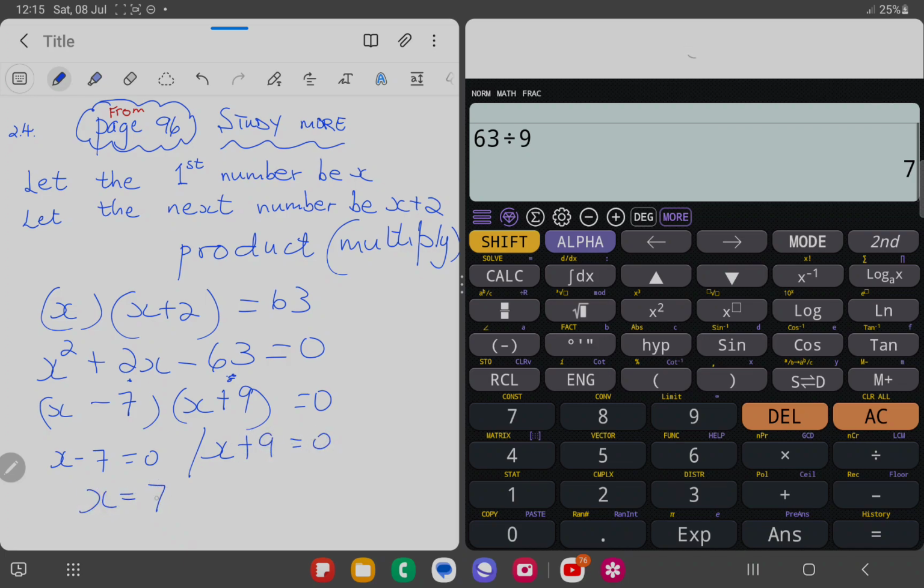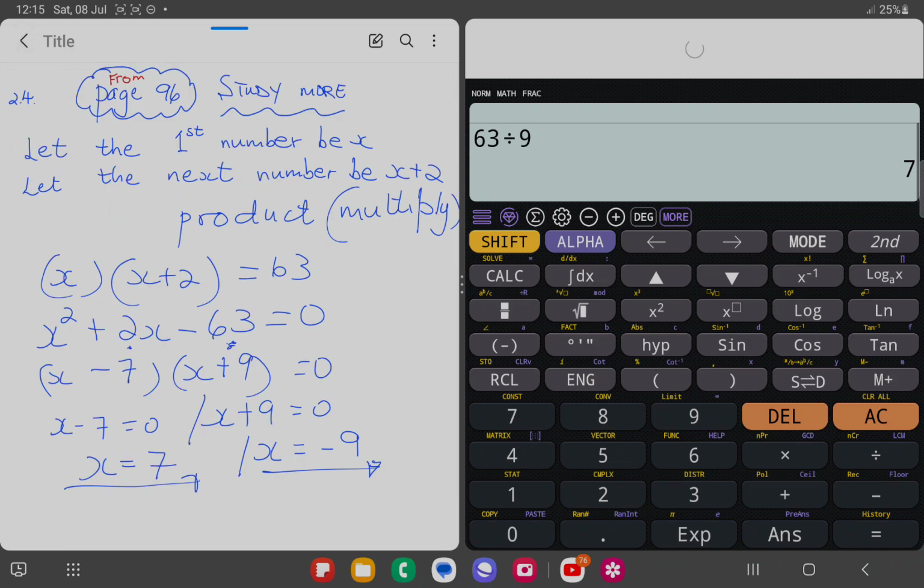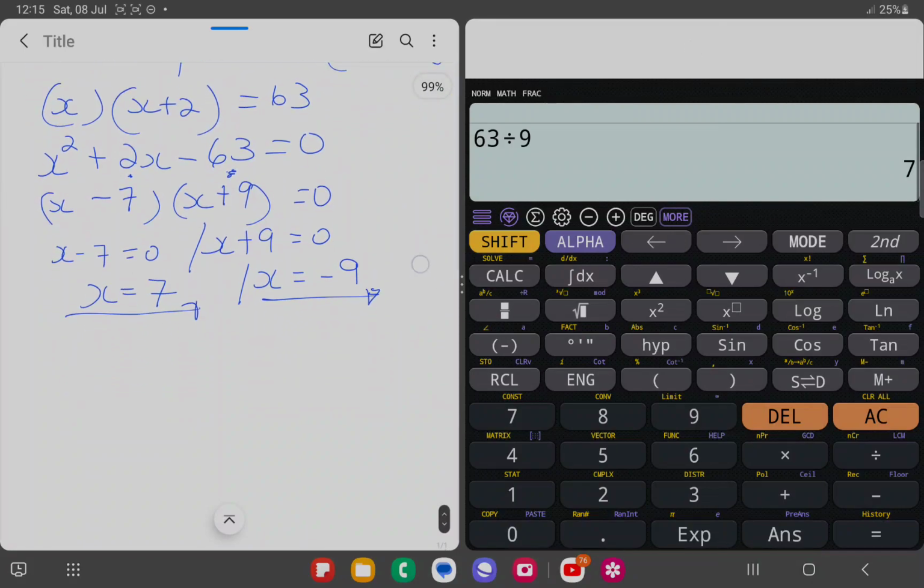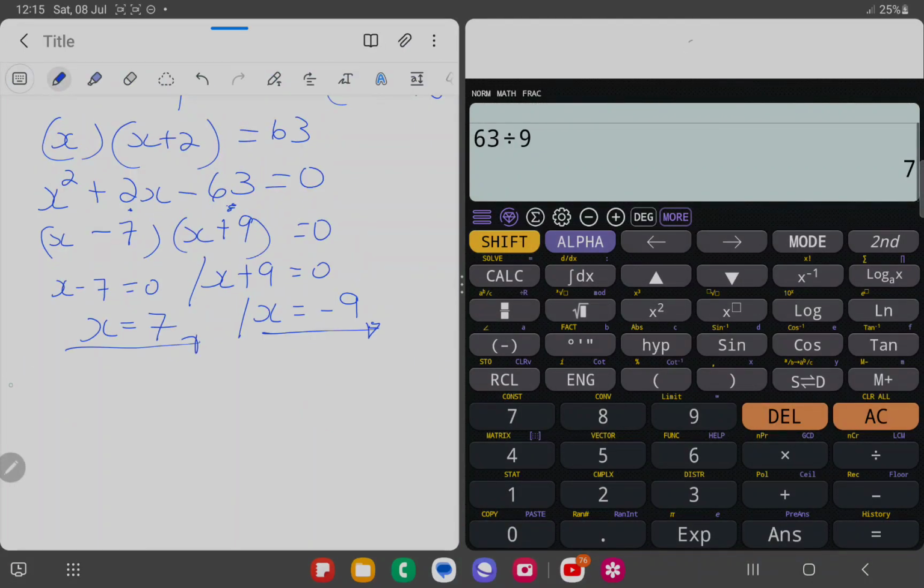So x is equal to positive 7, or x is equal to negative 9. Because we are solving for x, now let us check if our answers are correct. We're going to do what we call a check.